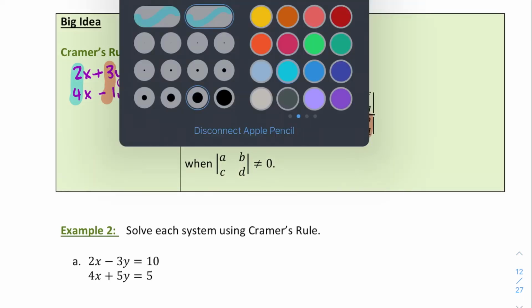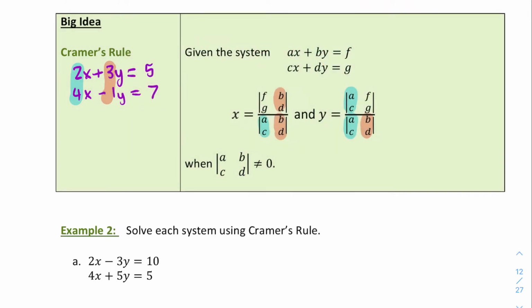And they also go on top in one of your columns. Basically, the matrix on top is a copy of the matrix in the denominator, except if you're finding your x's, you replace that first column, which kind of represents your x values, with your constants on the other side of your equation, your 5 and 7. And if you're finding your y's, you replace instead the y column with those values for your constants.